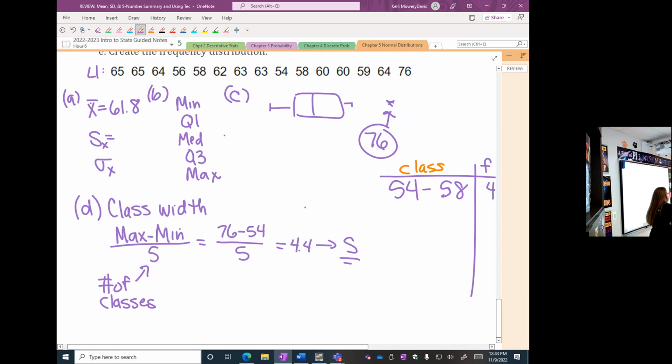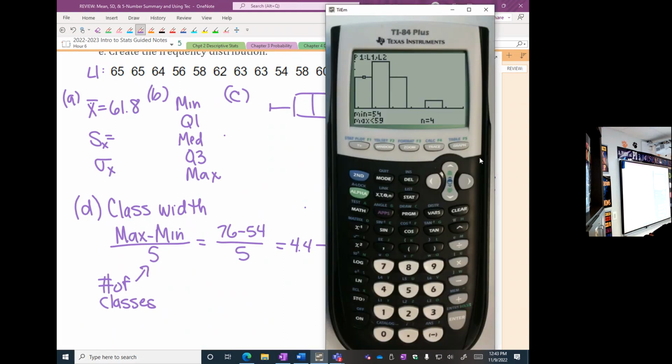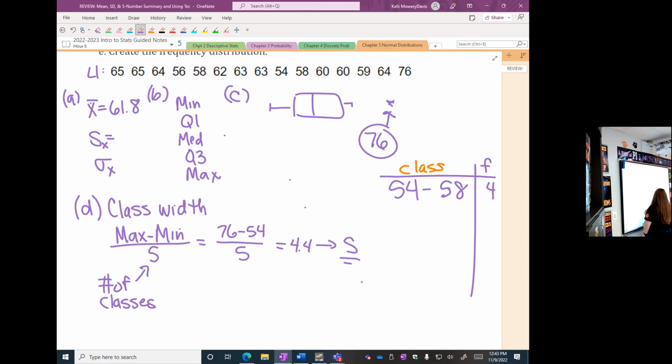But your next one. Okay, and notice I didn't have to count out anything. The next one starts at 59, goes up to less than 64. So 59 up to 63. And what was the frequency? 6. And I can keep going on.